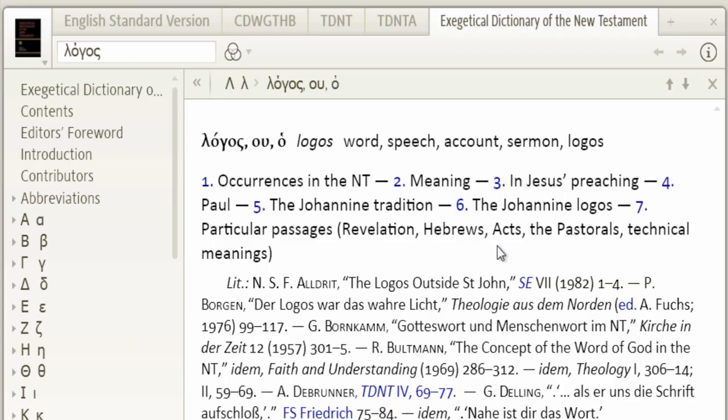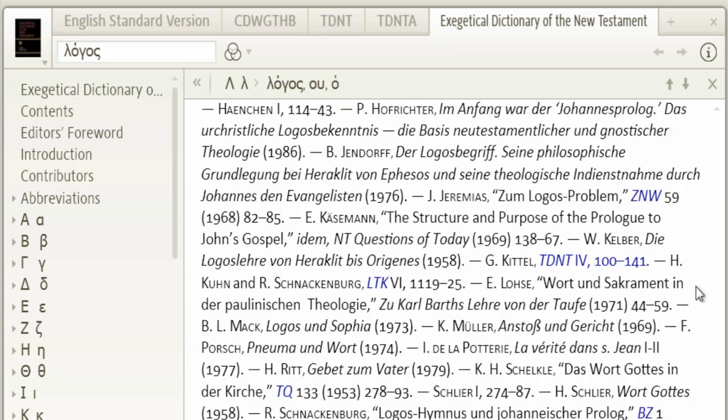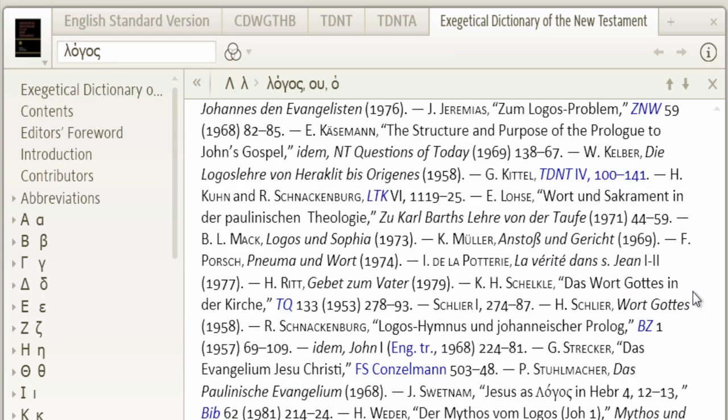Now, below this content section here, you see a list of writings. This is a bibliography. Most of it is actually in German because EDNT was originally written in German and only translated into English later. TDNT was also written in German and translated later.